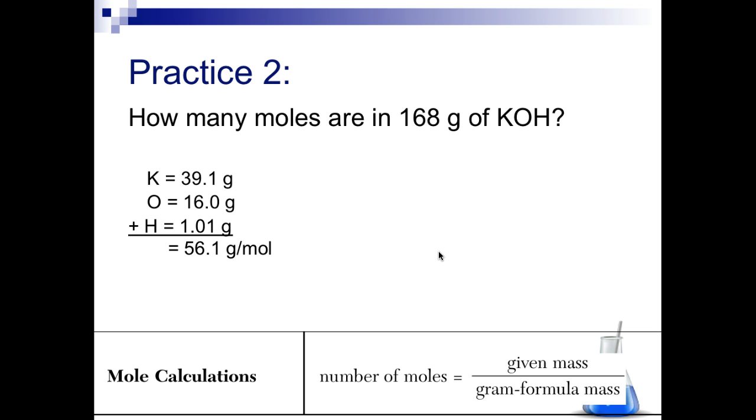We end up with 56.1 grams per mole. Then we plug into our formula. We have the mass given in the problem, 168, divided by the molar mass of the sample. Grams go away, so we're happy, and we're left with 2.99 moles, and that is our answer.